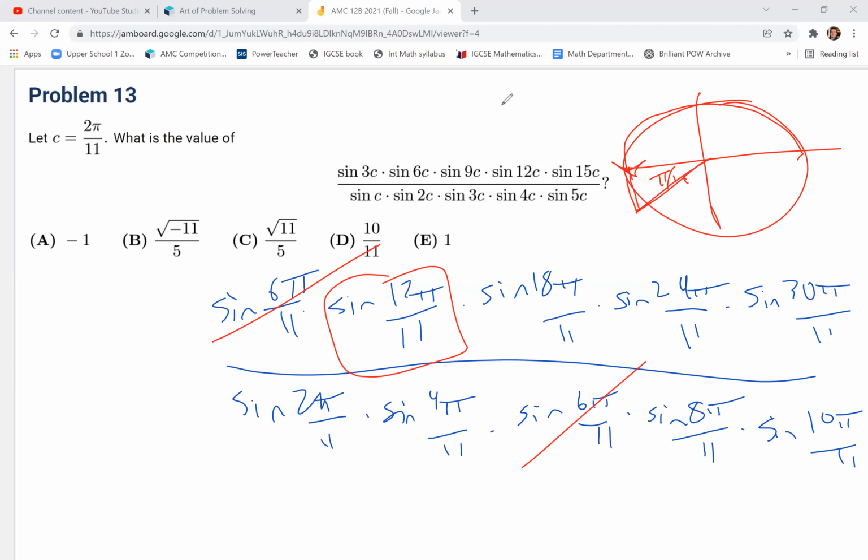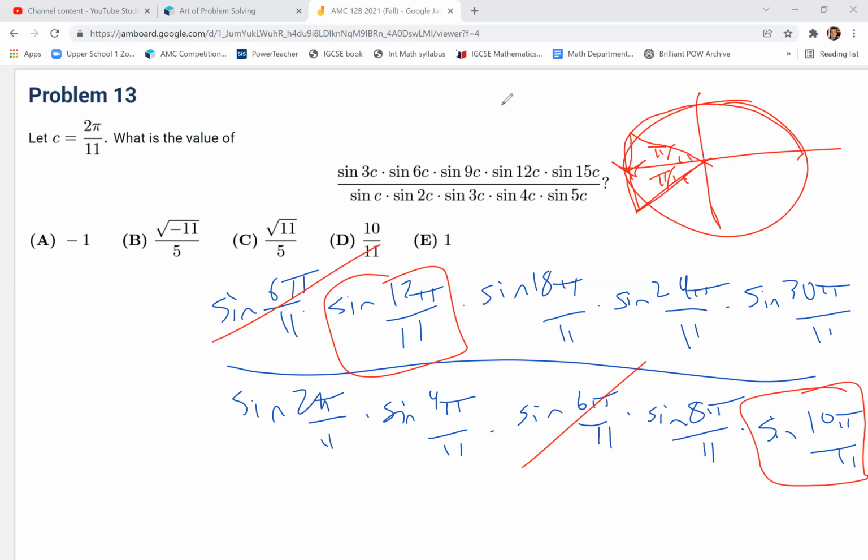And then 2 pi over 11, 4 pi over 11. Now, if we look at 10 pi over 11, that would be like pi over 11 above the x-axis, because it's like pi minus pi over 11.